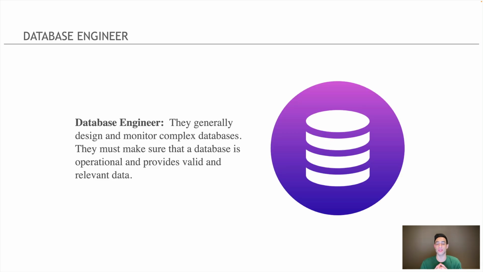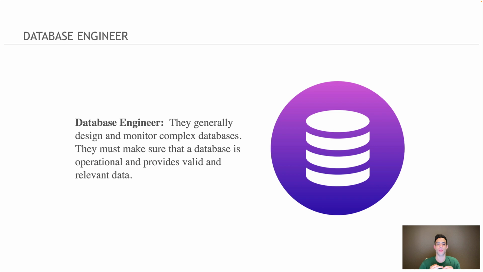And then we have the database engineer, and this one also can be very crucial for larger tech companies, such as the big tech companies. For instance, Microsoft, IBM, Apple, all these huge companies. They would need a database engineer because there's so much data to be managed that they would need a specific engineer for that role. So database engineers generally design and monitor complex databases.